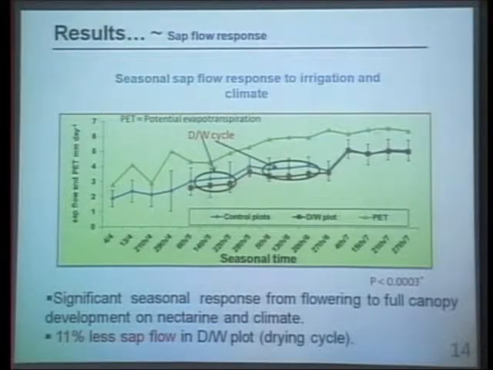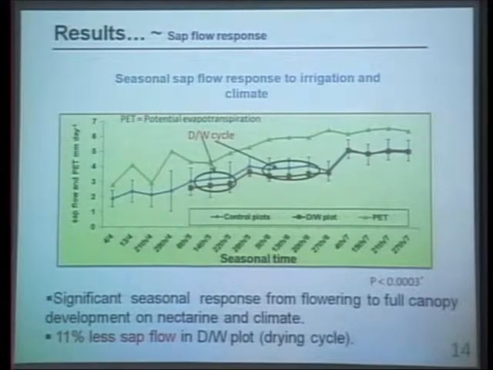It means the rate of increase started to decrease in July. In the beginning of the season, in April, we found nearly 1.8 liters per day per tree in sap flow, while we found nearly 2.6 mm per day of potential evapotranspiration. At the end of the season, we found nearly 4 liters per day per tree of sap flow, while the potential evapotranspiration was 6.